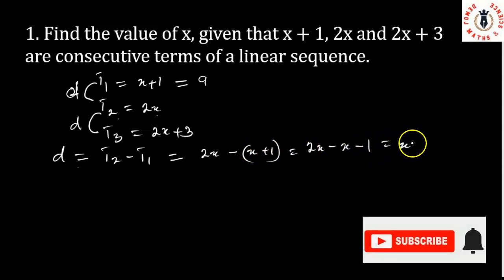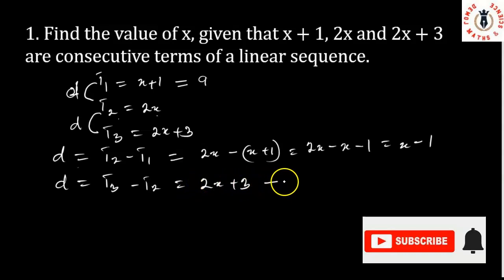That's equal to x minus 1. At the same time, d is the same thing as t3 minus t2, which is equal to 2x plus 3 minus 2x. So 2x here and 2x here cancel, that's equal to positive 3.